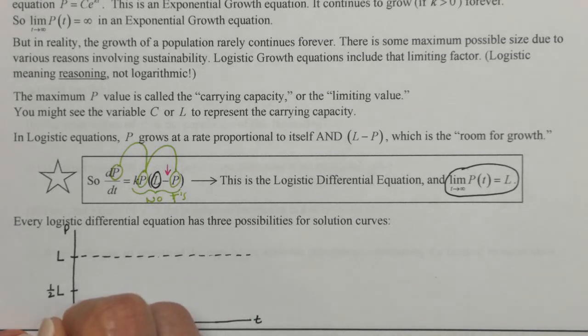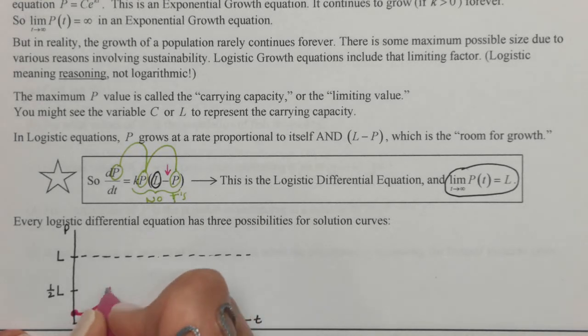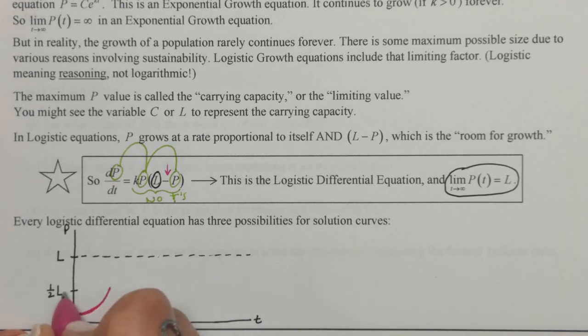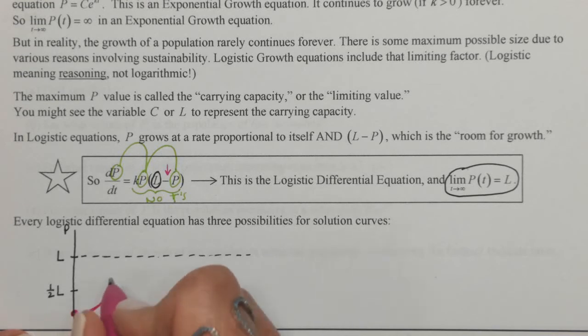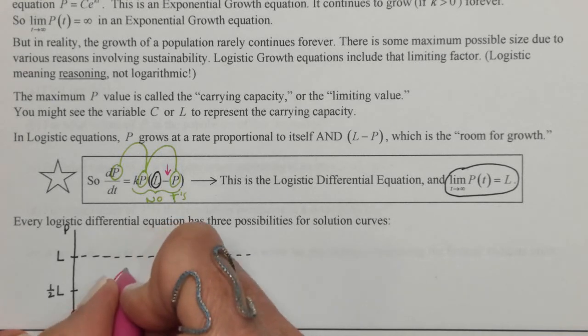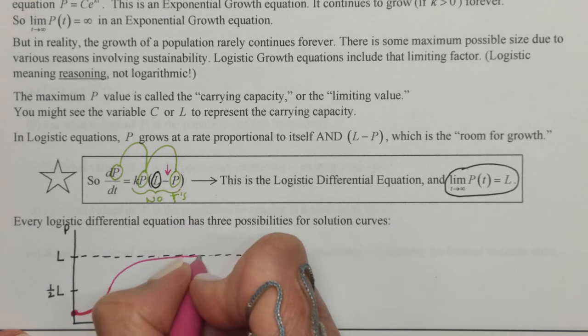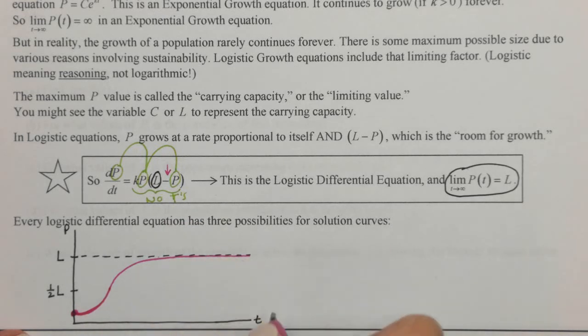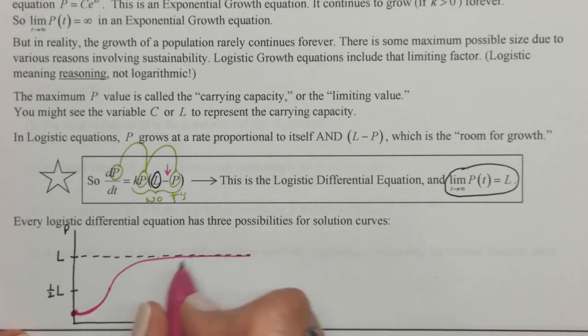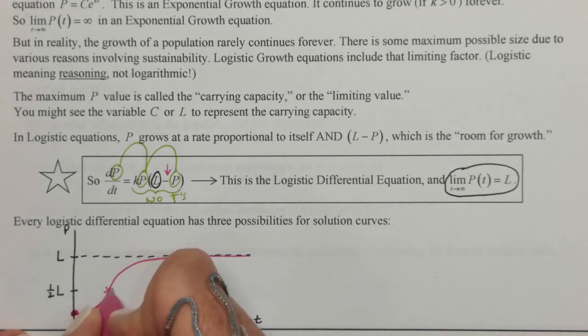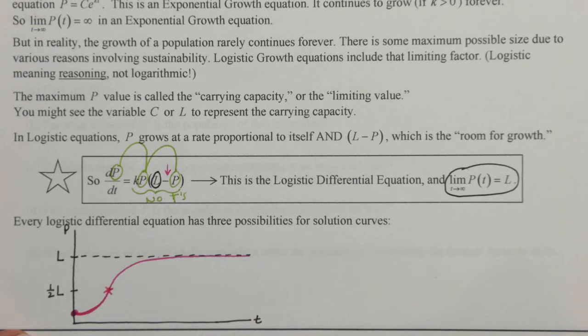Our curve starts out real gradual, but it goes up, it's concave up, until the population reaches this 1/2 of L. After 1/2 of L, it's concave down, and it gets very, very close to L. This is a point of inflection in the population curve.